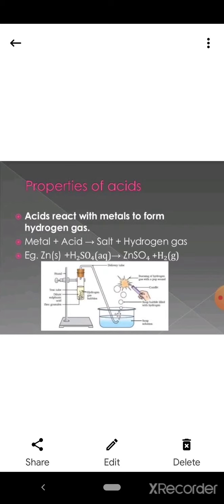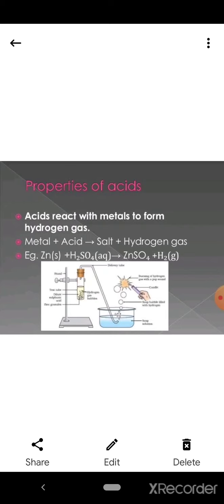Now see here, what we have done: we have taken zinc granules and added sulfuric acid. Then you get ZnSO4, that is zinc sulfate, and H2 gas is released. If you consider HCl instead, then also you will see that H2 gas is released. Means if you react any acid with a metal, the product obtained is a salt.